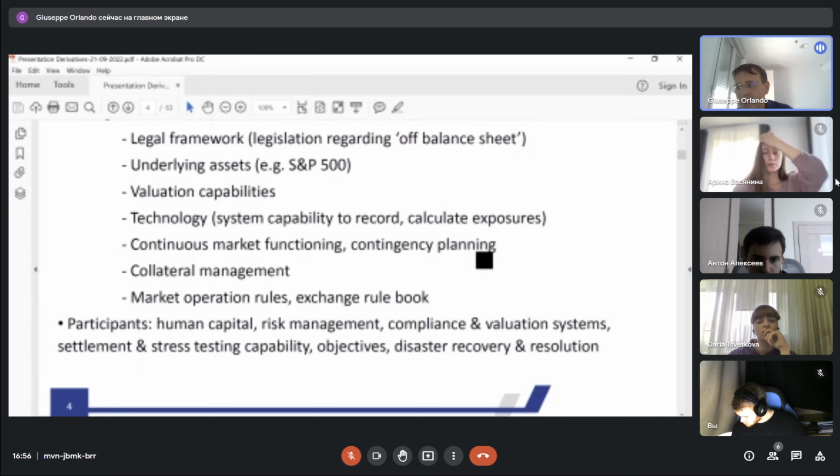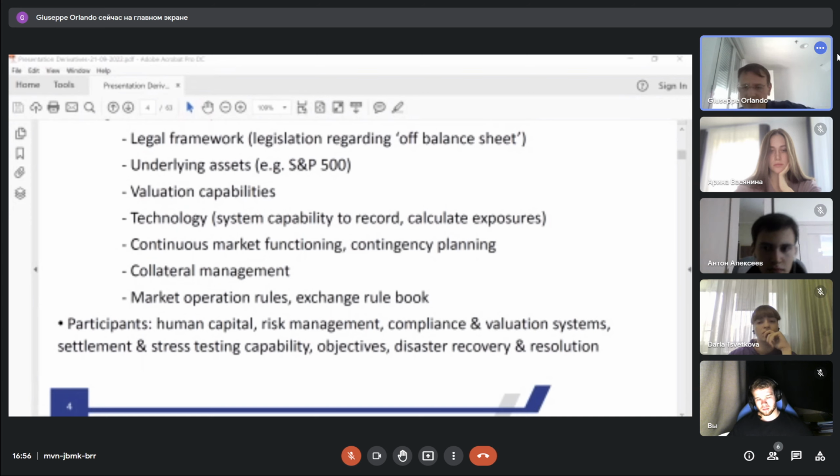For example, we have seen call market, auction market, and so on. Then the collateral management. Do you know what the collateral is? I guess that we already mentioned it.